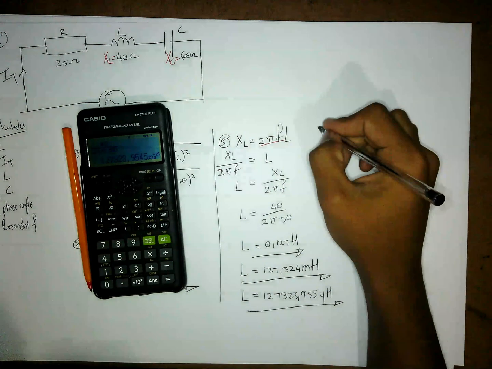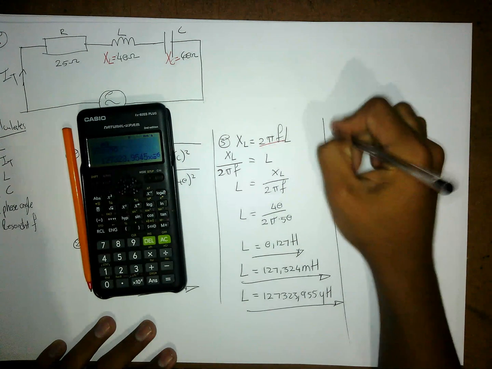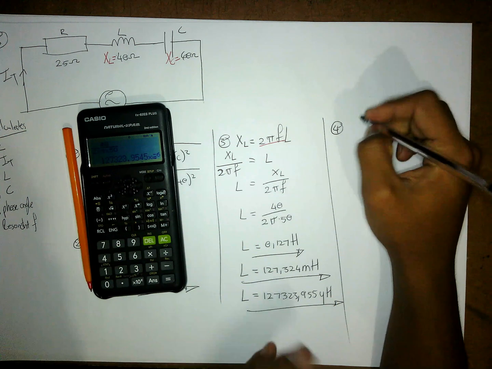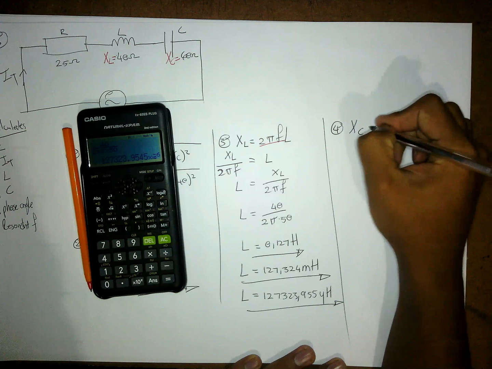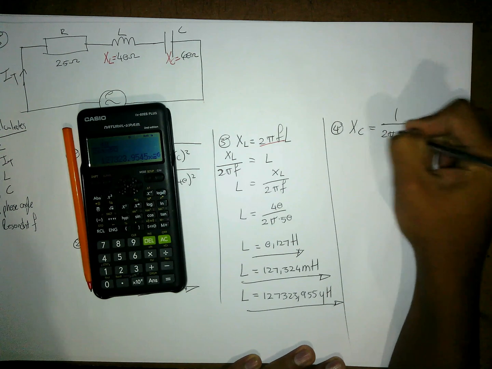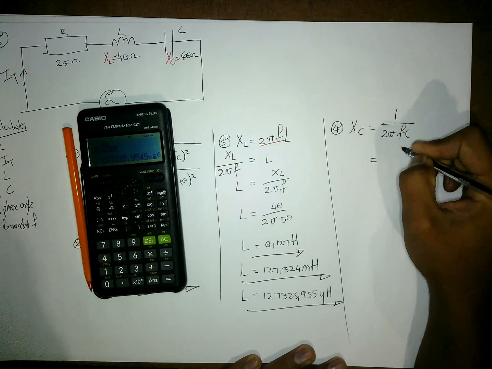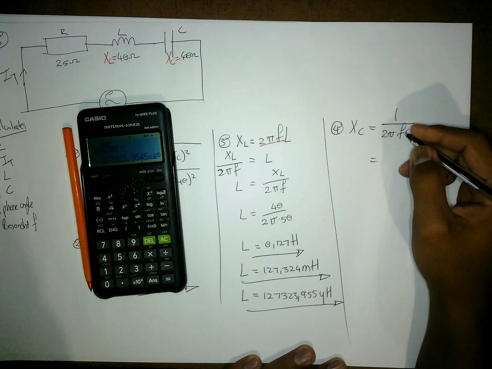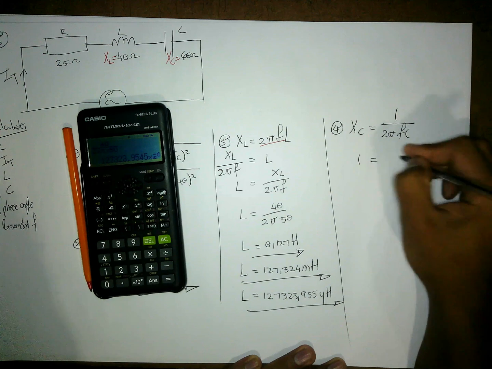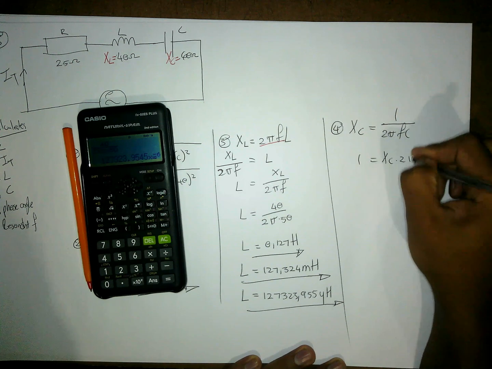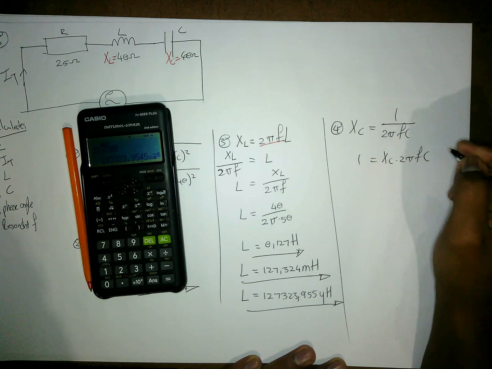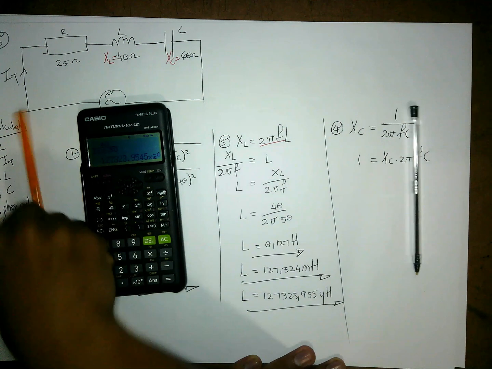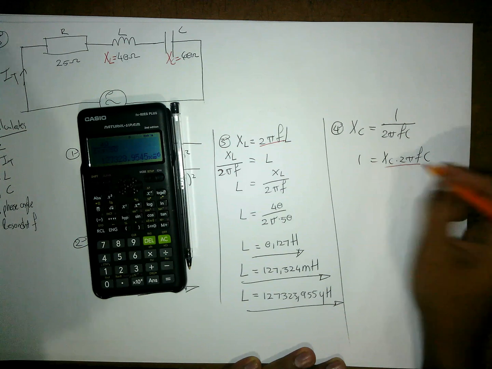So number four. It's saying we need the capacitor's value. We did this question before, in the previous one, so we just do this quickly. Cross multiply now. XC equals 1 over 2 pi F C. Then we need C alone, so we divide with these over there.